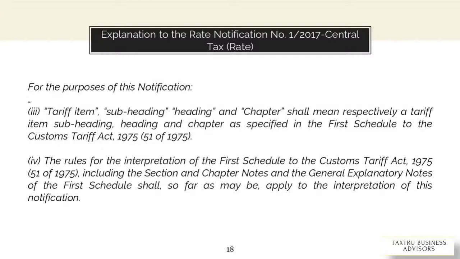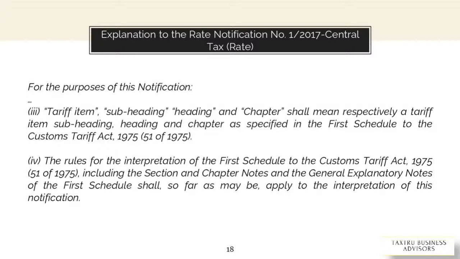So why have they said it? Because when we read the customs law, there is a levy which comes from section 12 of the Customs Act, and section 12 is connected with the Customs Tariff Act, in which all the rates, sections, chapters, explanatory notes, chapter notes, and section headings are given.